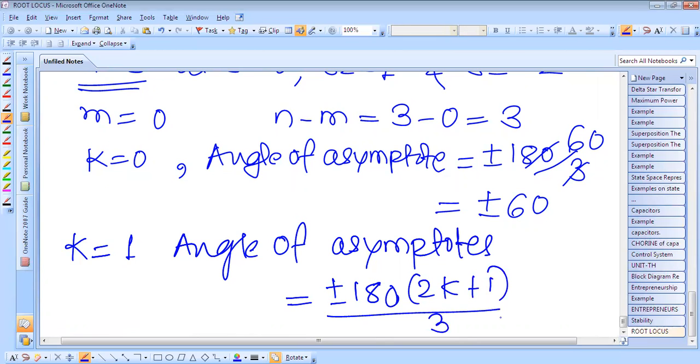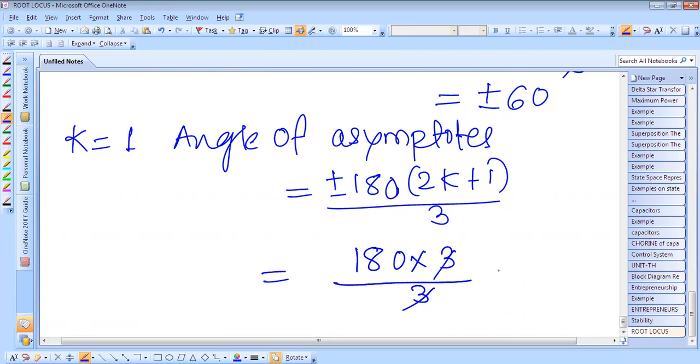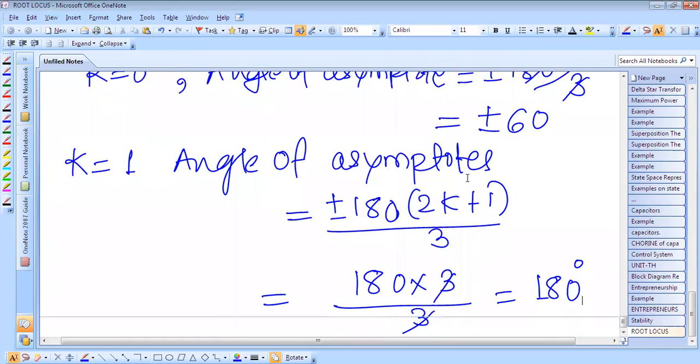So here consider k is 1. So it is 180 degrees.